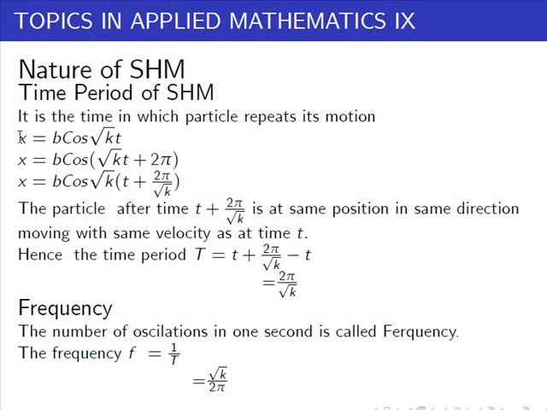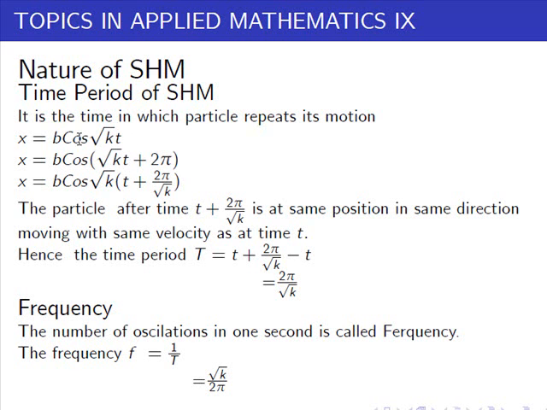We have already discussed that the equation of motion of the particle performing simple harmonic motion is x = b cos(√k t). We know that the period of the cosine function is 2π, so cos θ = cos(θ + 2π).